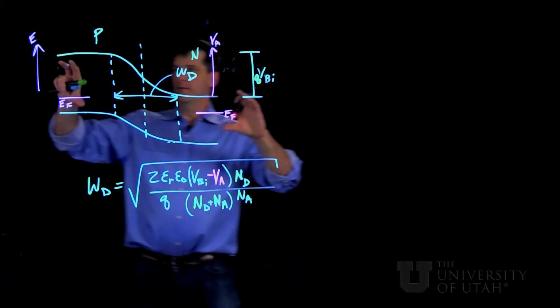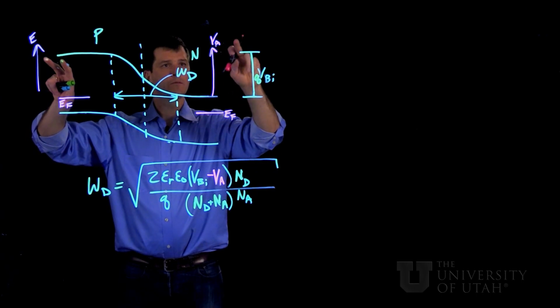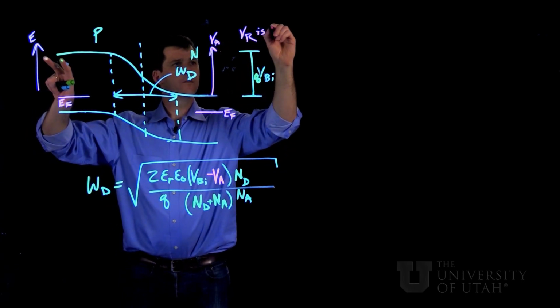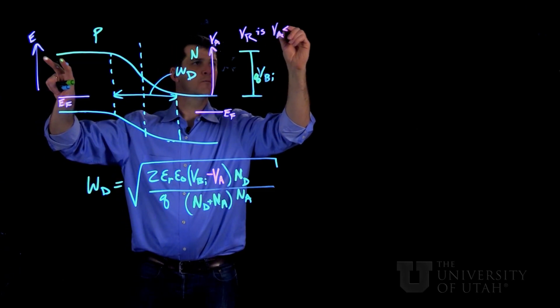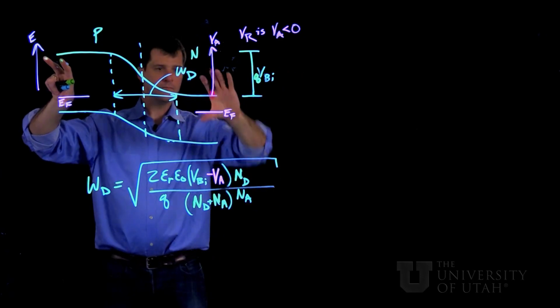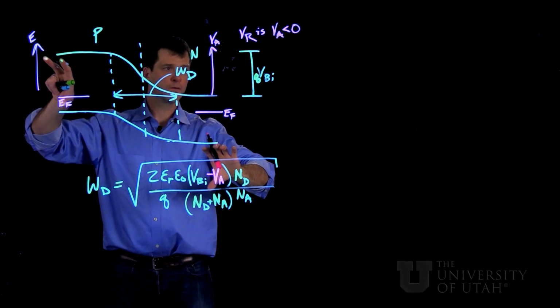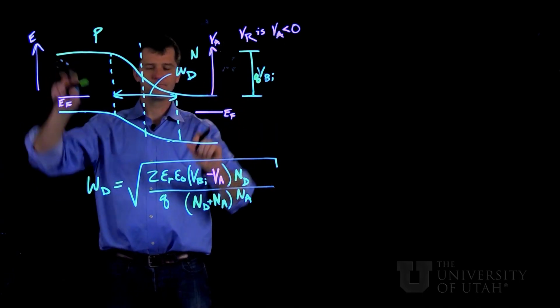On the other hand, if you grab hold of the p-type side and you apply a reverse bias, meaning VA less than 0, we would be working to reinforce the built-in voltage and make the band bending bigger.